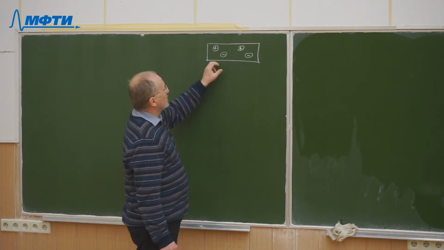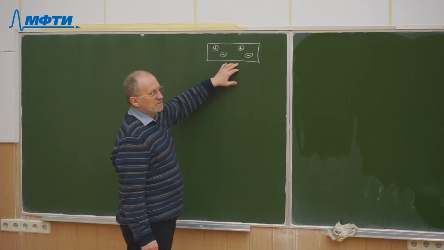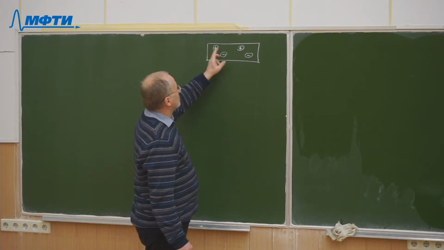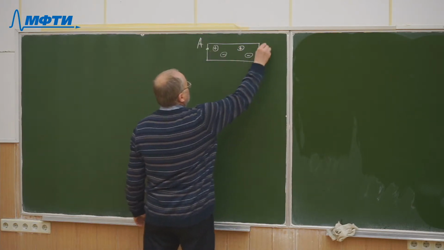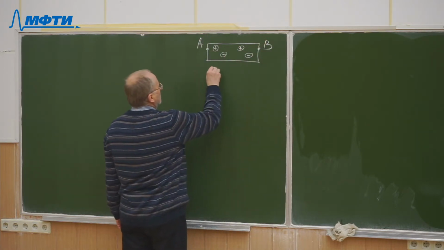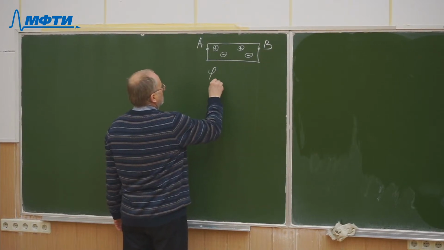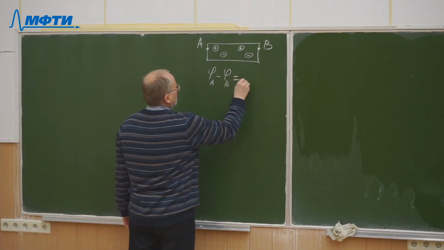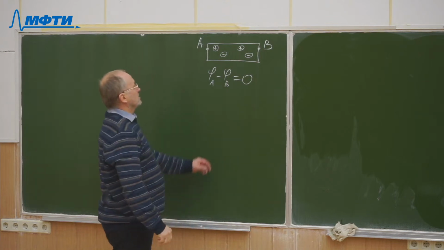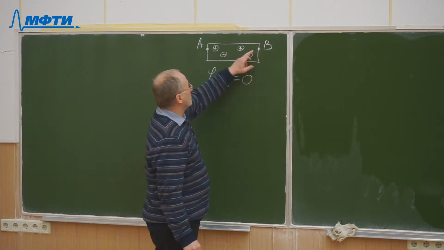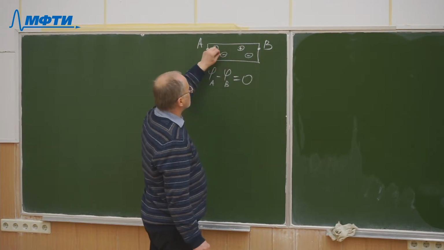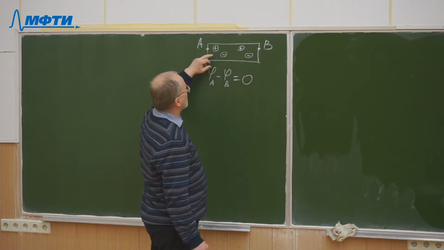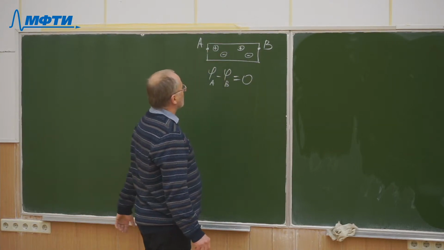In static equilibrium, that is in electrostatics, the potential difference between two different points, these two points A and B, the potential A minus potential B, will be 0. In electrostatics, the potential difference between any two points of the conductor will be 0, and that is the condition of static equilibrium of all the charges.